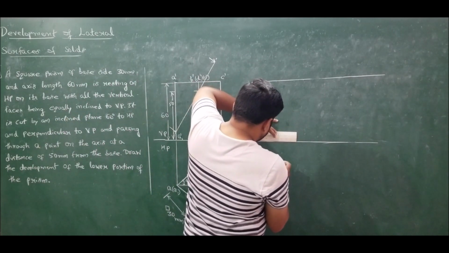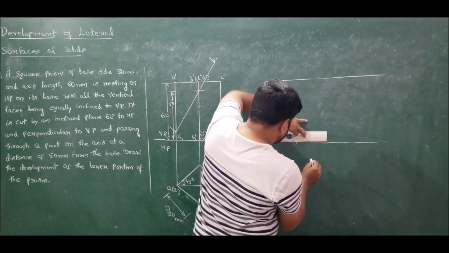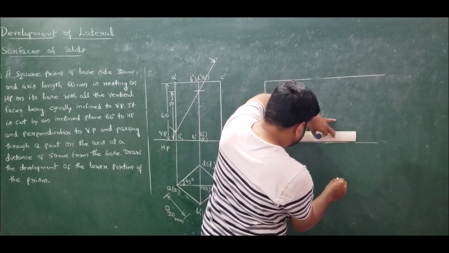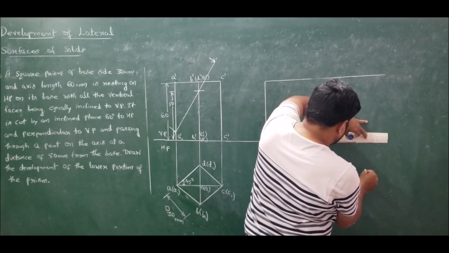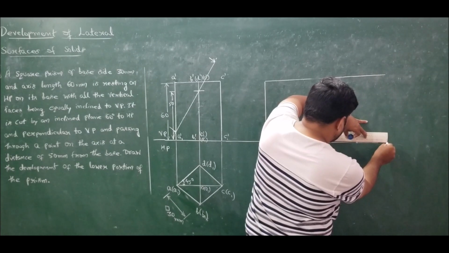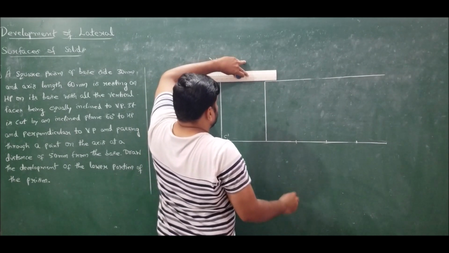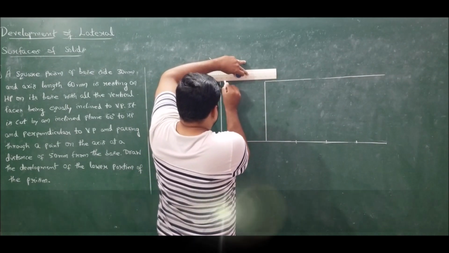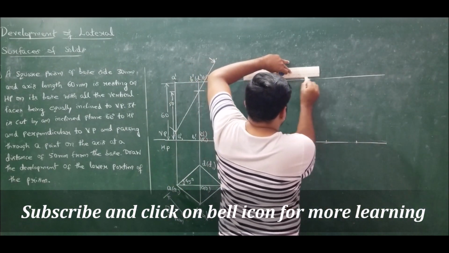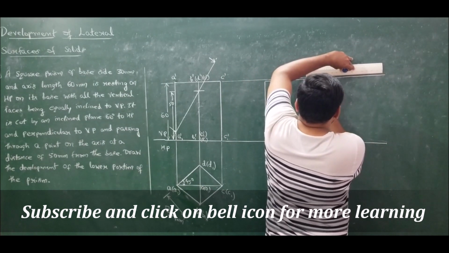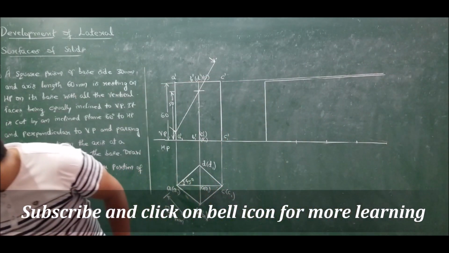So mark 30 each. Marking 30 each, let me take the projection from here so that the measurement will be correct, and I can show the measurement only once.